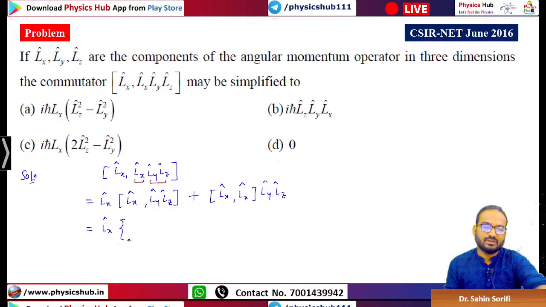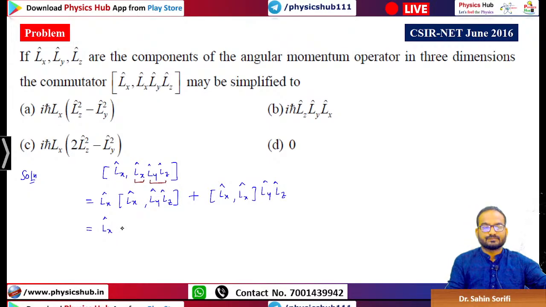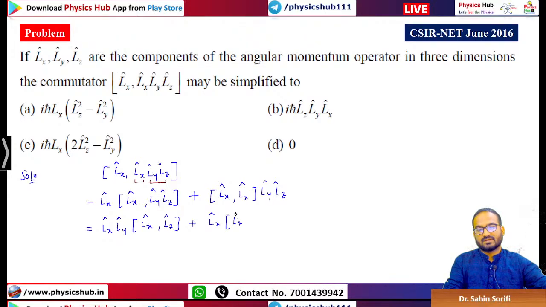Or simply we can write it in this way: [Lx, Ly]Lz plus Ly[Lx, Lz].